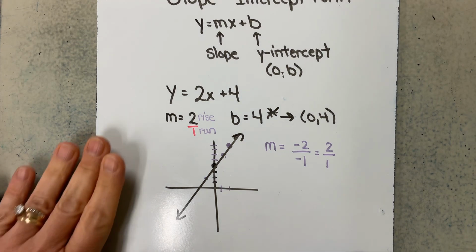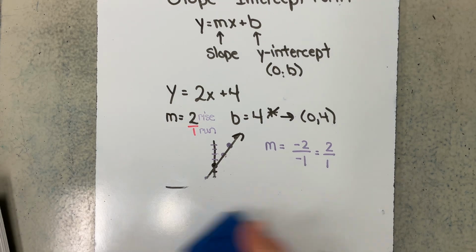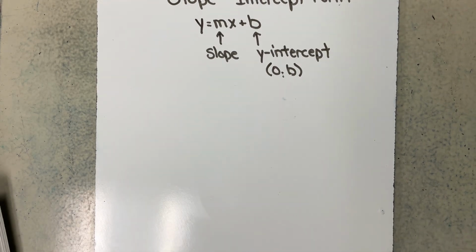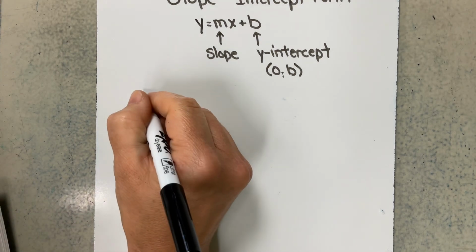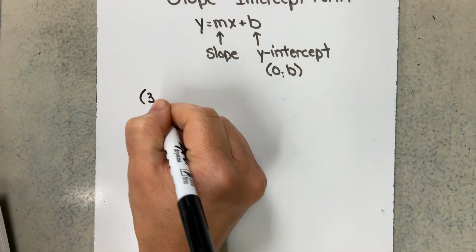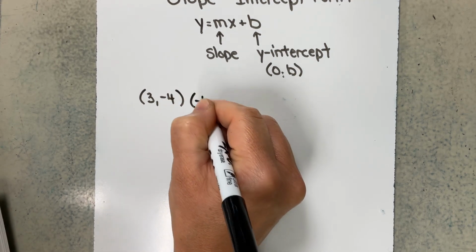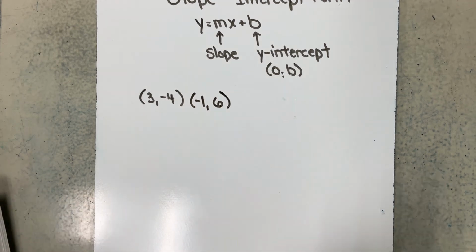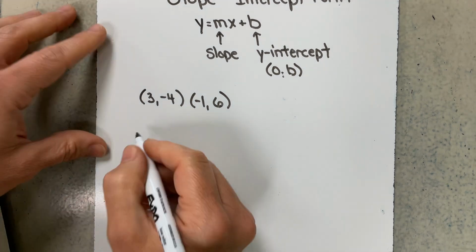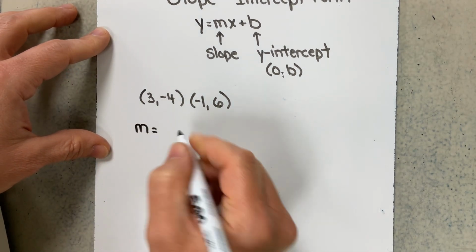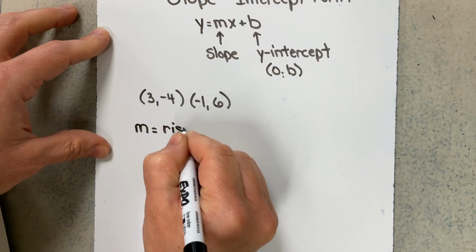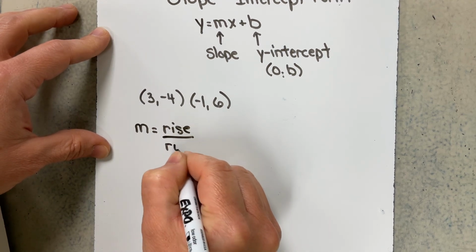Now, I'm going to show you how to find the slope if you're given 2 points. So if you're given a point such as 3, -4, and -1, 6, okay? You have 2 points. You need to find the slope so that you can tell that to me. So slope is rise over run.